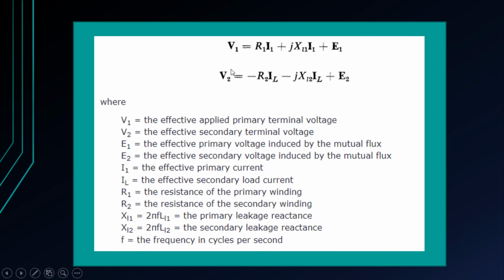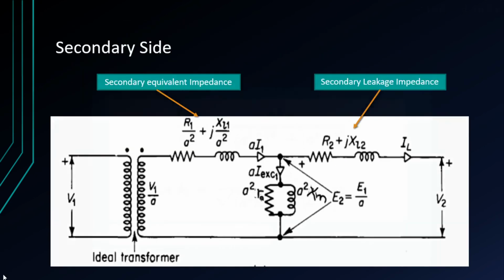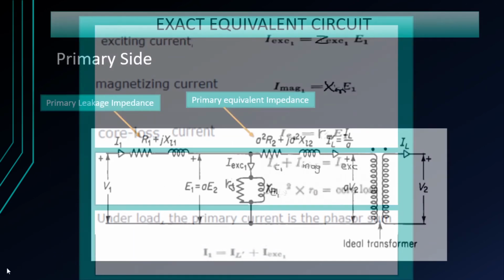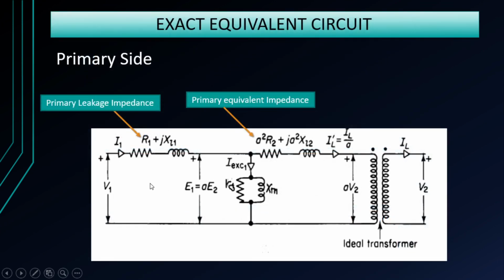So, kung makikita natin dito, para makuha natin yung V sub 1, gagamitin natin siya dyan ng Kirchhoff law.